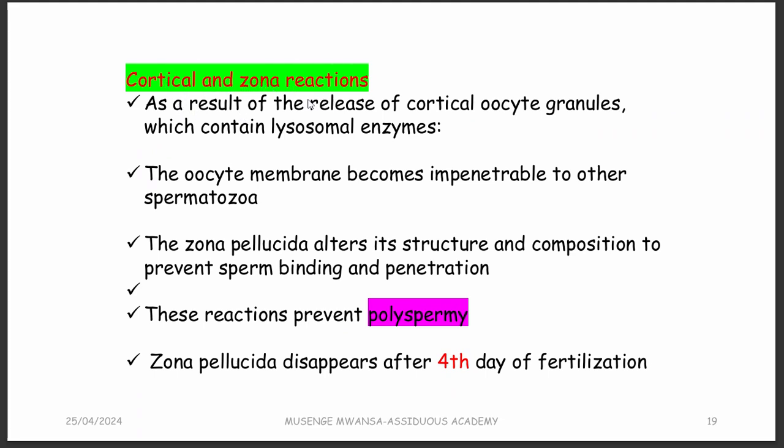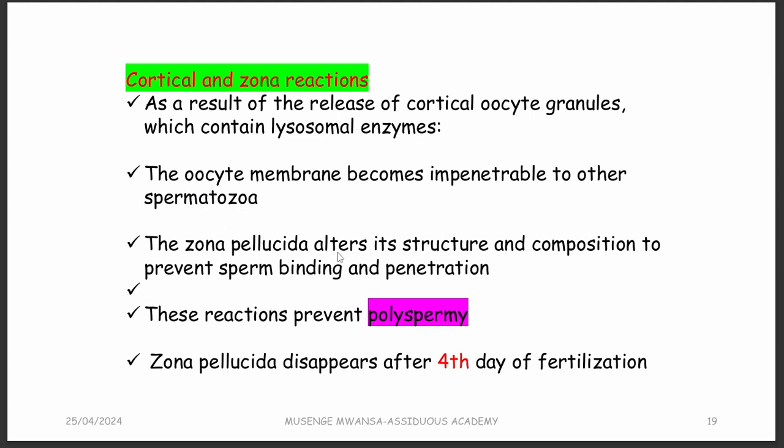How about the cortical and zonal reaction? What happens? When the sperm penetrates the oocyte, there's going to be the release of what we call the cortical oocyte granules, which contain lysosomal enzymes. So the oocyte membrane becomes impenetrable to other spermatozoa.